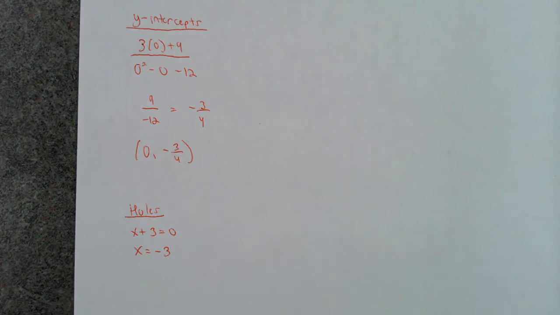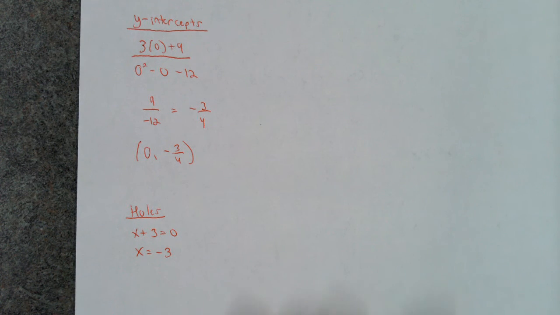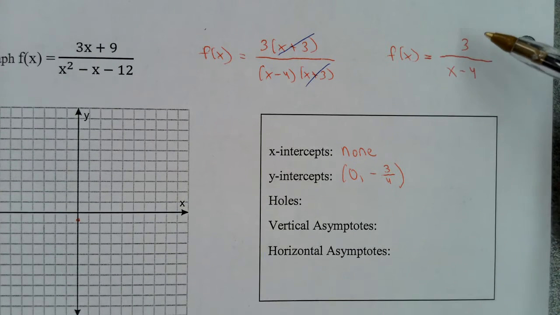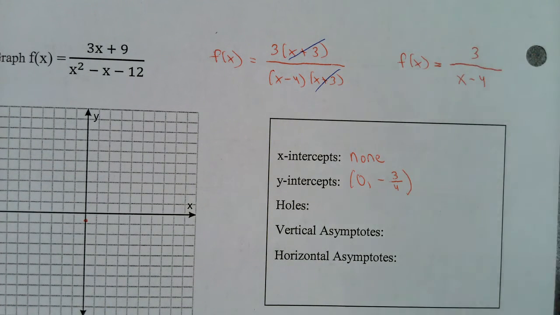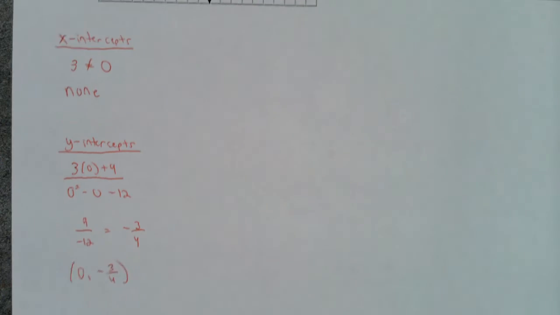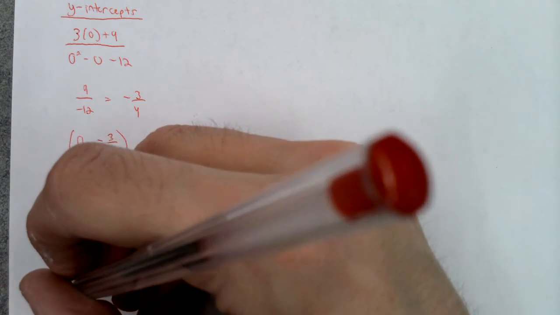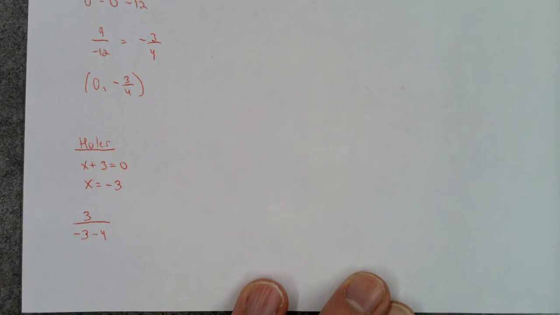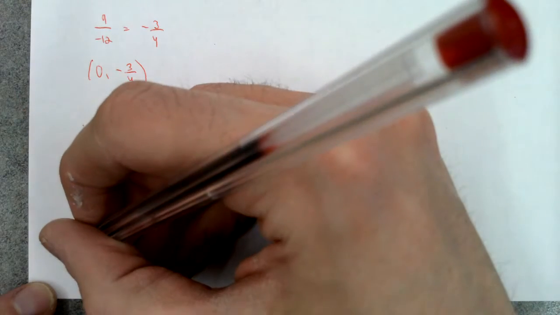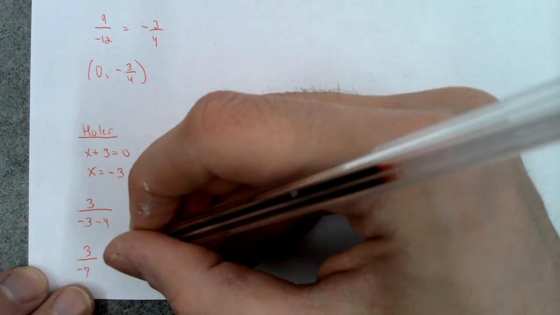And now, to find the y value of the hole, you take the x value that we just established, and you substitute that into your new function, which is this one right here. So 3 over x minus 4. So 3 over negative 7. So the hole will be negative 3, comma, negative 3/7.